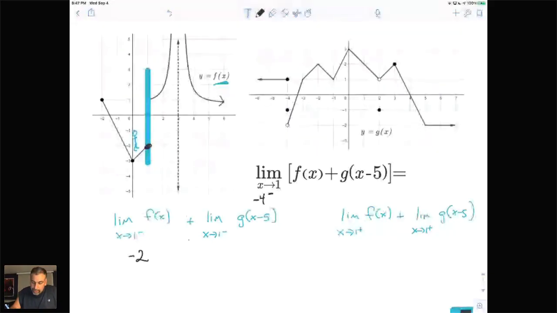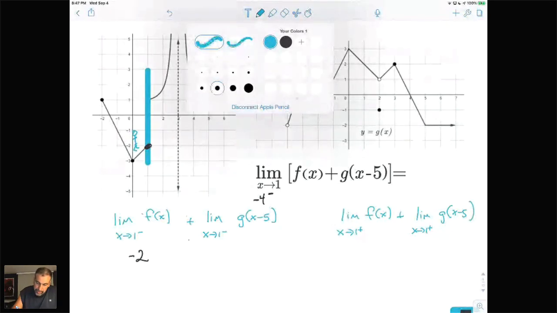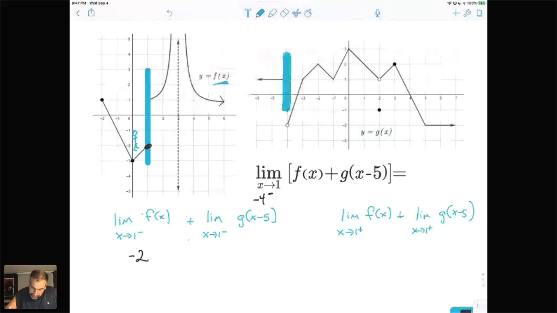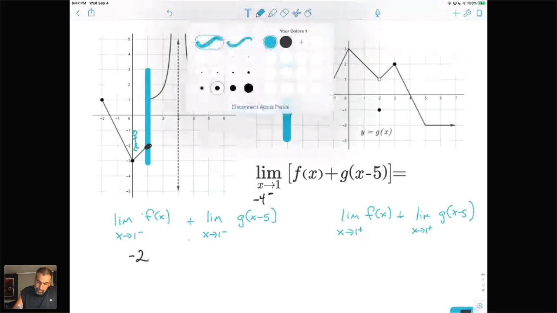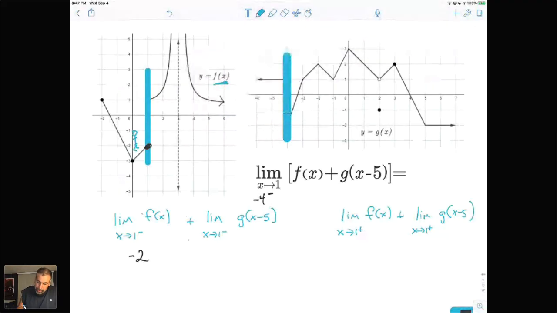So when I go to g of x, I am relocated here at the -4 value. That's where I end up. When x approaches 1 from the left, my inside is approaching -4 from the left.